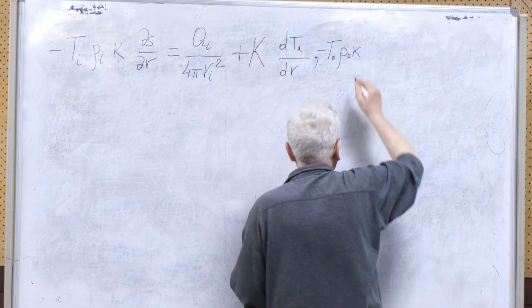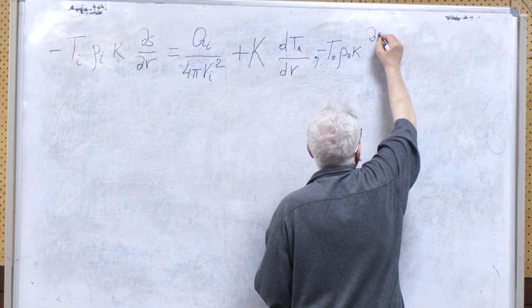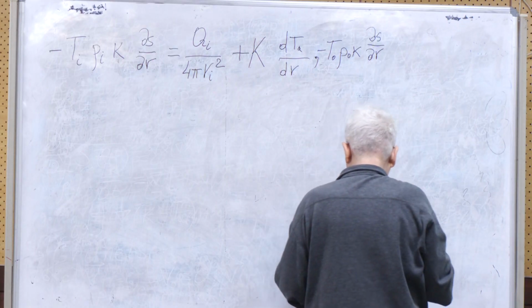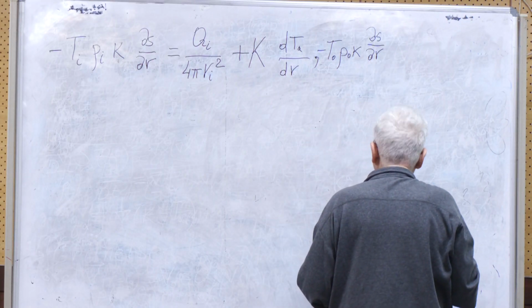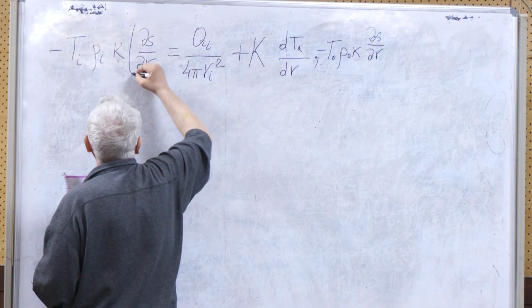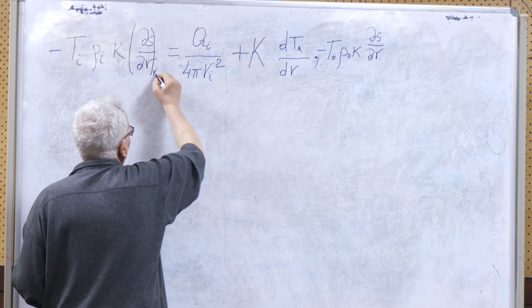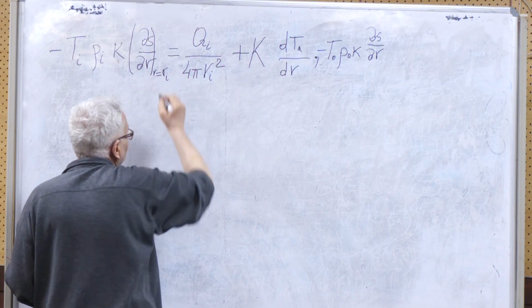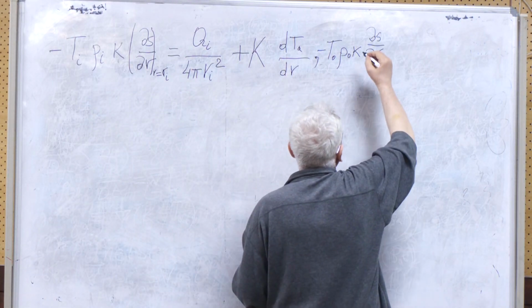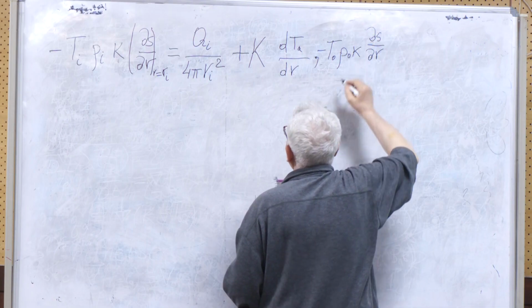Small k over, again, the radial derivative of S over dr. Of course, we are taking these derivatives near the boundary.